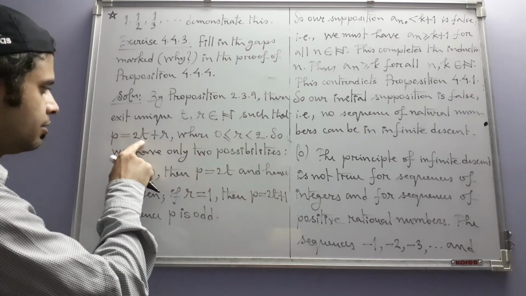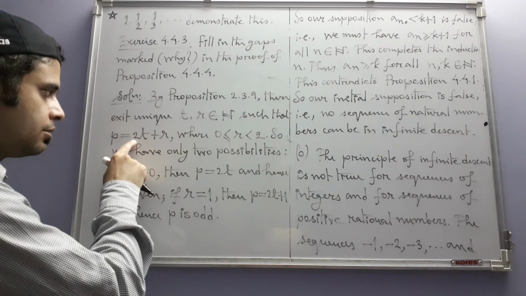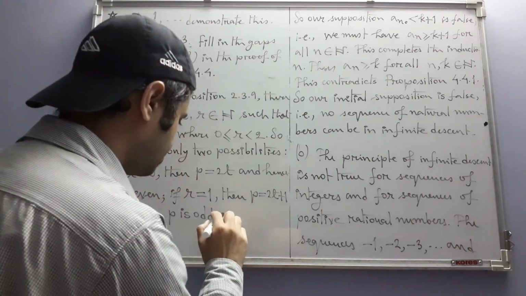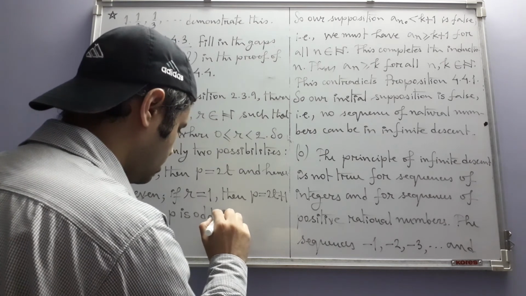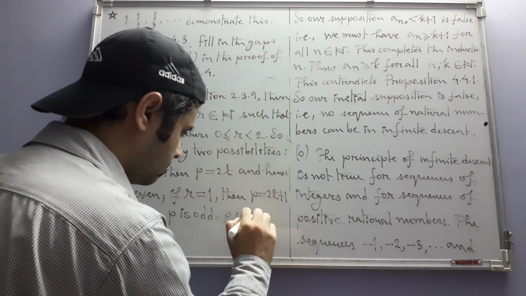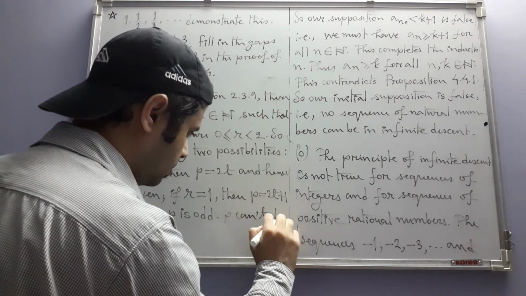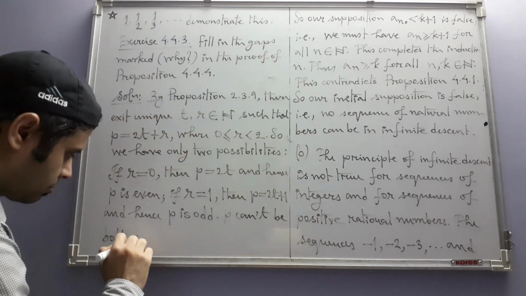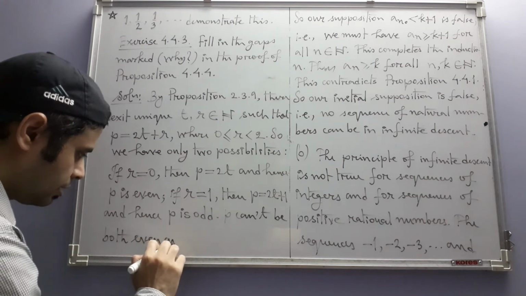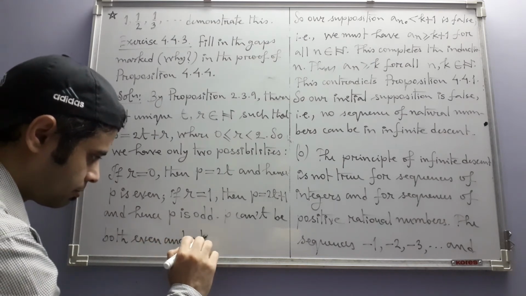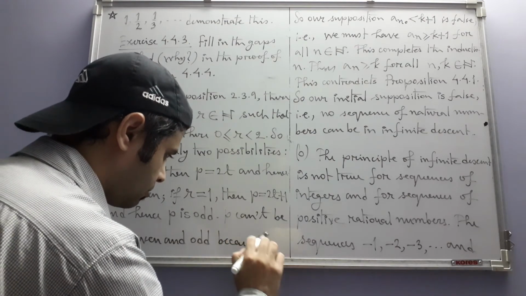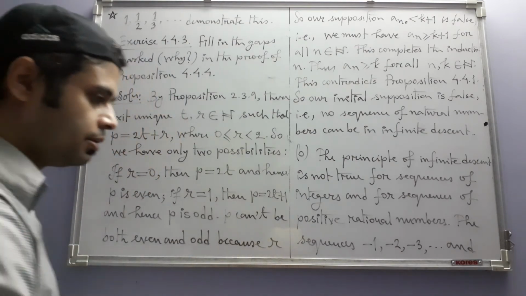So here the divisor is 2, t is the quotient and r is the remainder. p can't be both even and odd because r is unique.